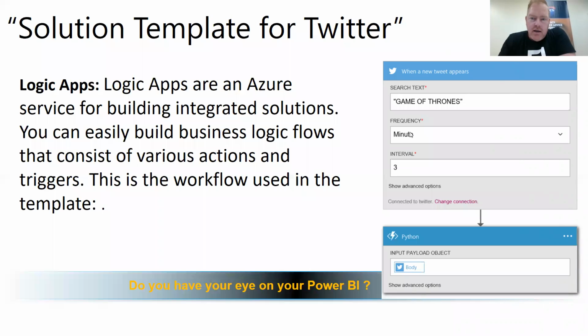So every minute, every 3 minutes. And then after it does that, you want to send that to this body of code. This is where you drop your Python code in to do your sentiment analysis. So this is what a Logic app looks like. It's very visual, easy to build, but also powerful enough that you can drop in your Python code.